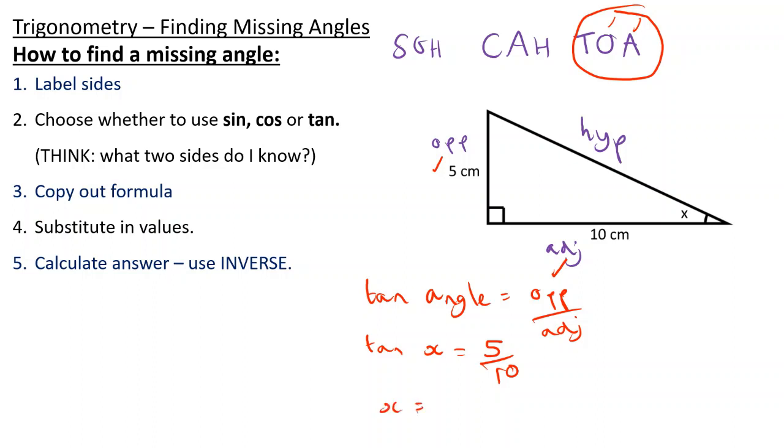The inverse of tan is tan to the minus 1, 5 over 10, like that. And that is what you put into your calculator. So you type in shift tan 5 divided by 10. And when you do that, you get 26.6 degrees. And again, I've rounded that to 1 decimal place.